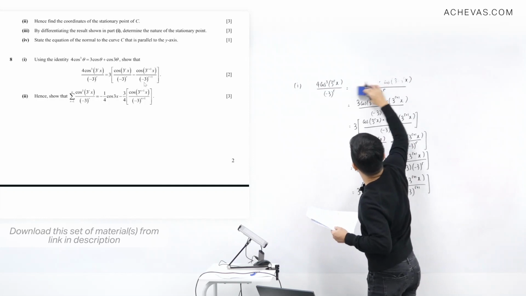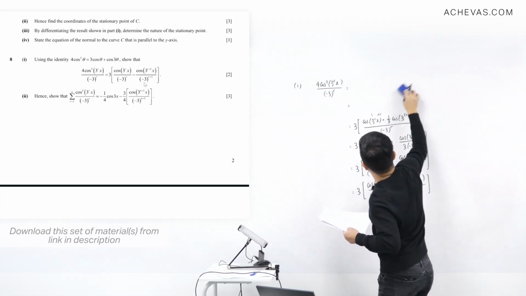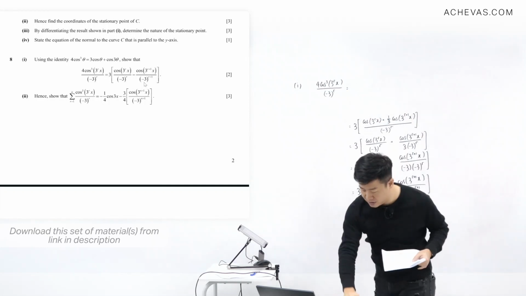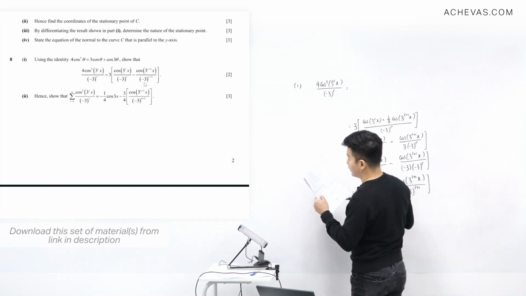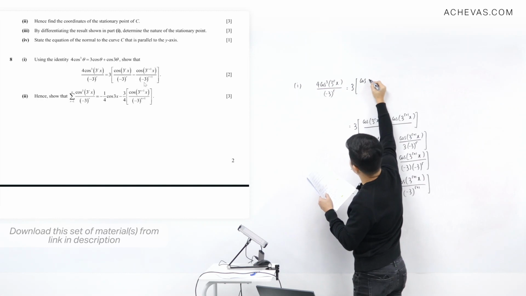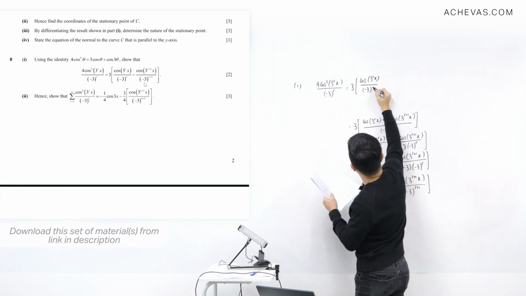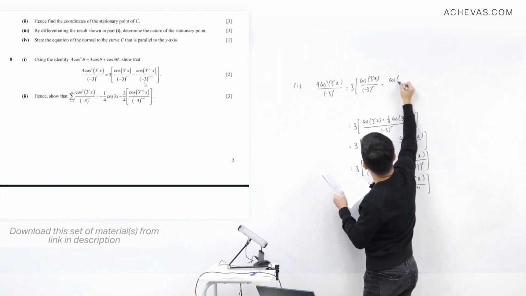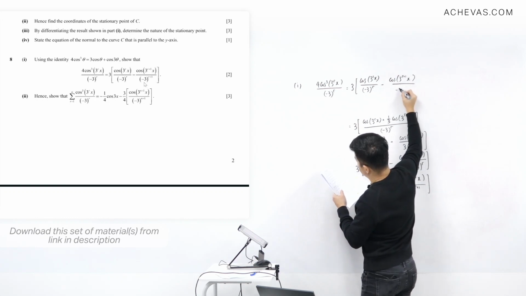Assuming that we have shown this, let me just write down the shown expression here. According to what we have just shown, it is going to be 3 times cosine of 3 to the power of rx over negative 3 to the power of r minus cosine 3 to the power of r plus 1 x over negative 3 to the power of r plus 1.